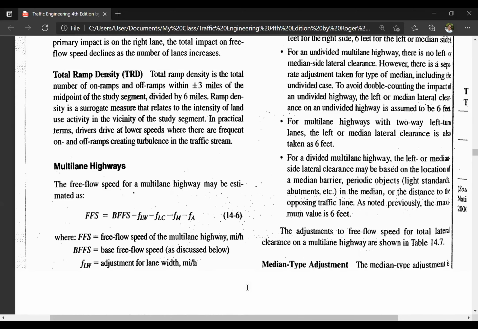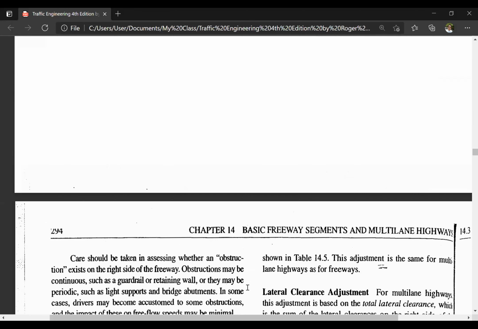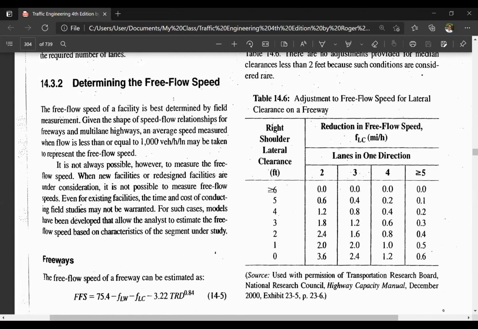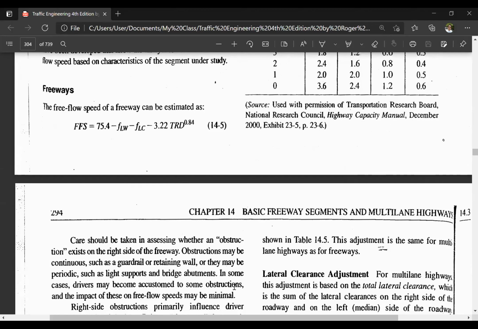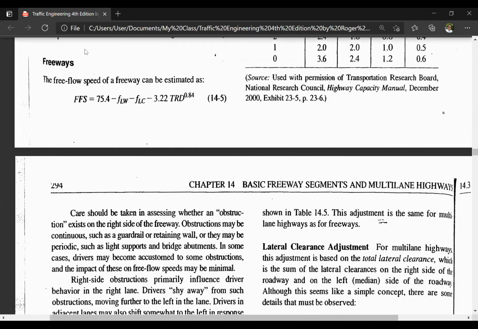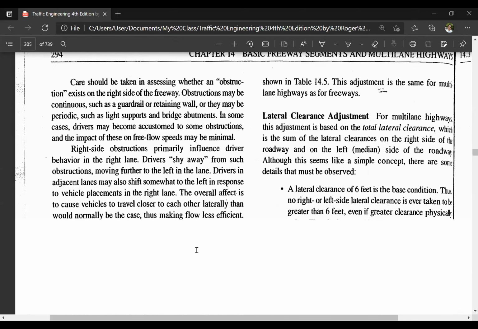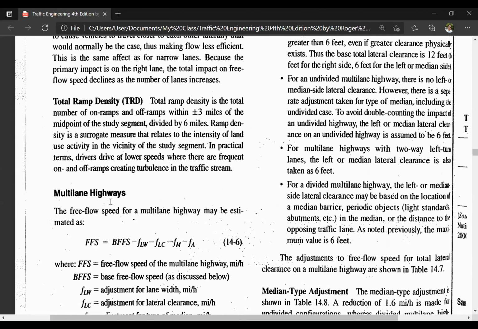That is for the basic freeway segment. 14-5 is for the basic freeway segment, and you find the free flow speed. However, for a multi-lane highway segment, free flow speed can be found using 14-6.